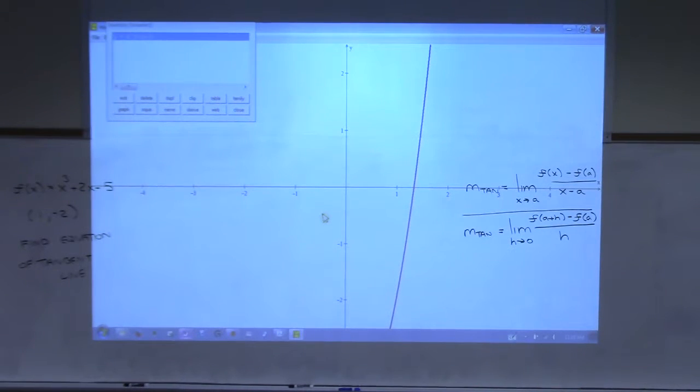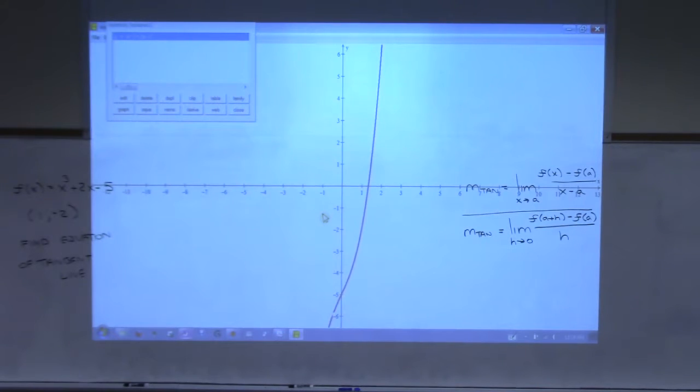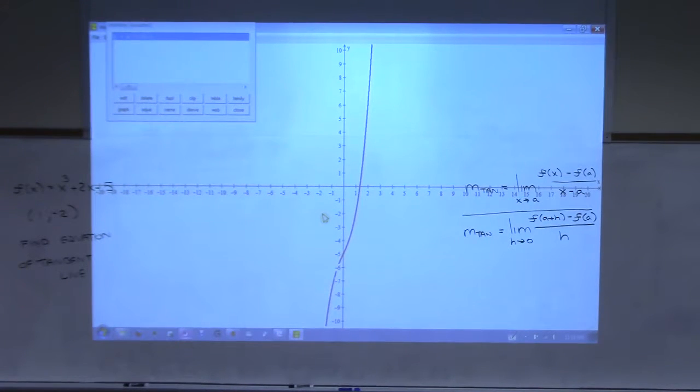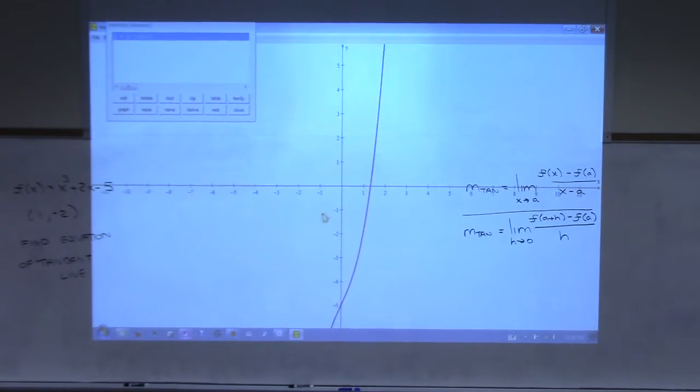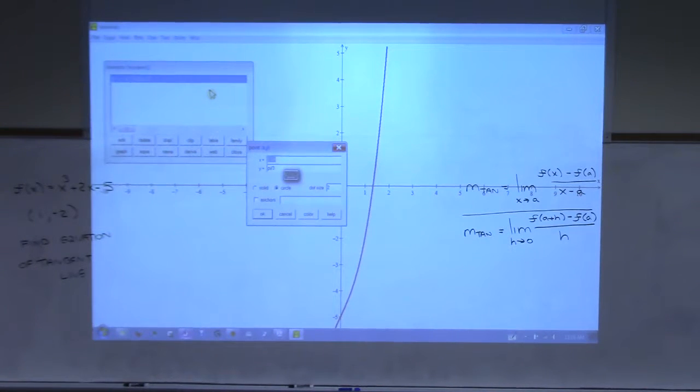Hold on a second. This is WinPlot. There we go. Okay, now I'm going to have it graph. Like I said, there's probably better programs out there, okay?